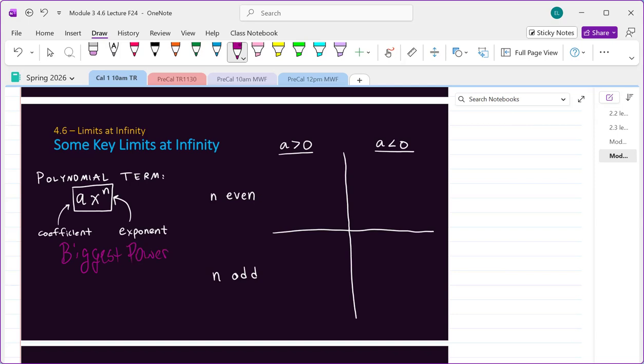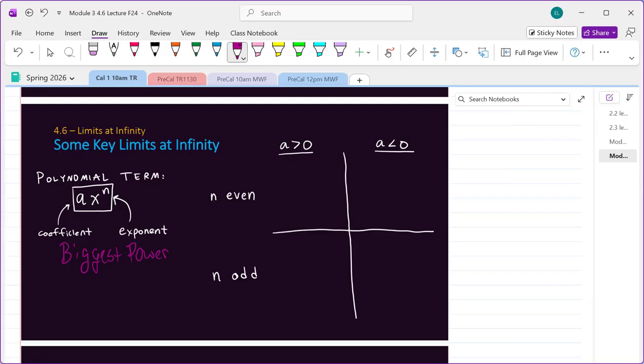So if I'm looking at x to the 7th plus x to the 6th minus x to the 5th plus x to the 4th minus x to the 3rd minus x squared minus x plus 7, x to the 7th has a lot more control over what that graph is going to do than all those other terms as x goes to infinity or negative infinity.